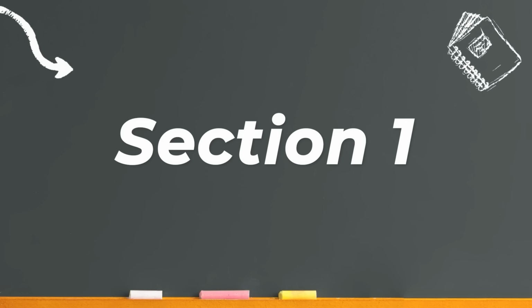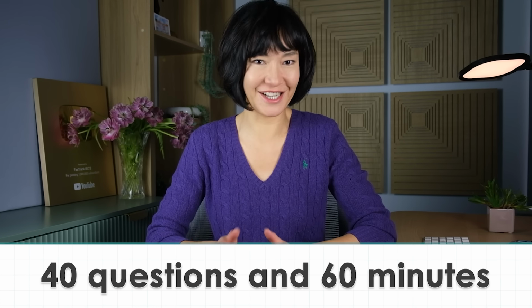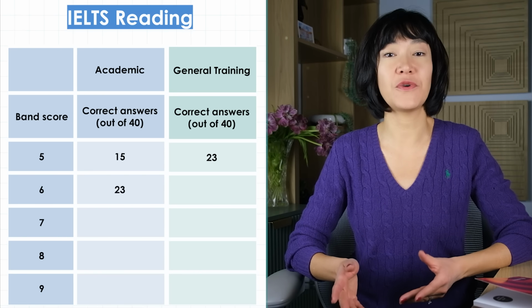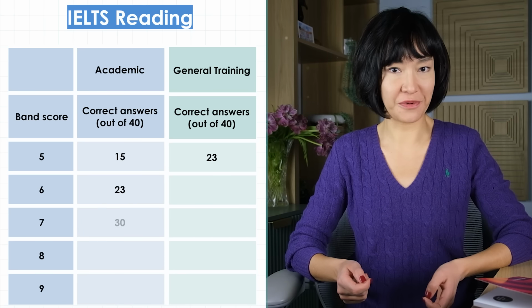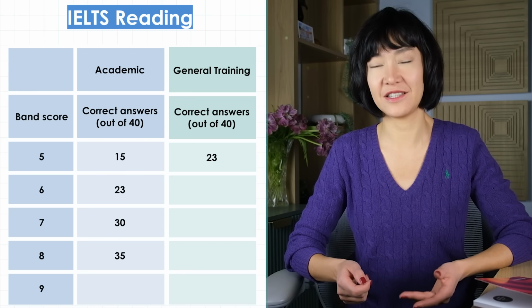But before we go to our test, let's establish how many answers you actually need to pass your exam. In IELTS reading, you have 40 questions and 60 minutes, no changes here. For IELTS academic, if you answer 23 questions, you get a band 6, 30 questions for a band 7, and 35 for a band 8.